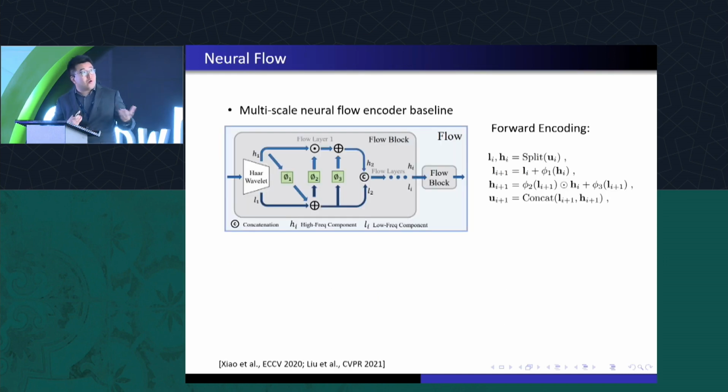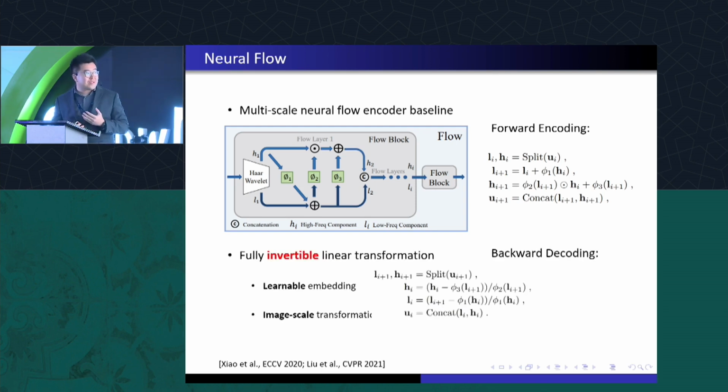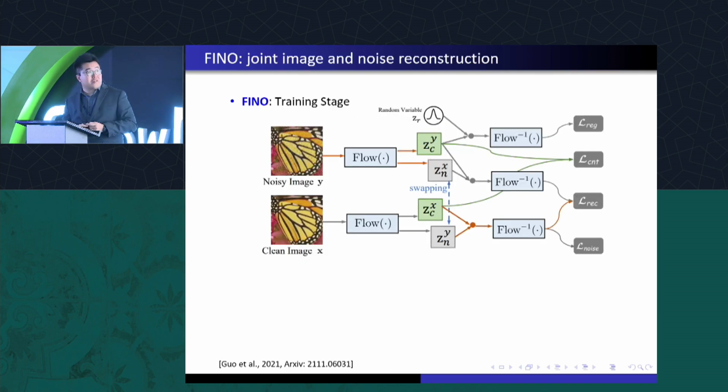In fact, there are many choices for the so-called encoding process or decoder, but in our preliminary work, we chose a specific method called neural flow as the encoder. The reason is that neural flow gives us a good property, the so-called invertible transformation. We want to jointly recover both, so we want to make sure the whole encoding process is lossless, meaning you're not just removing things, you want to keep the things you remove as well. So neural flow is a good candidate for the encoding process in this preliminary work.